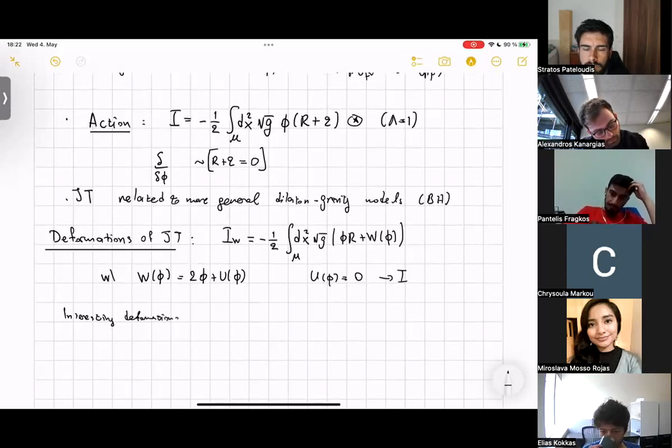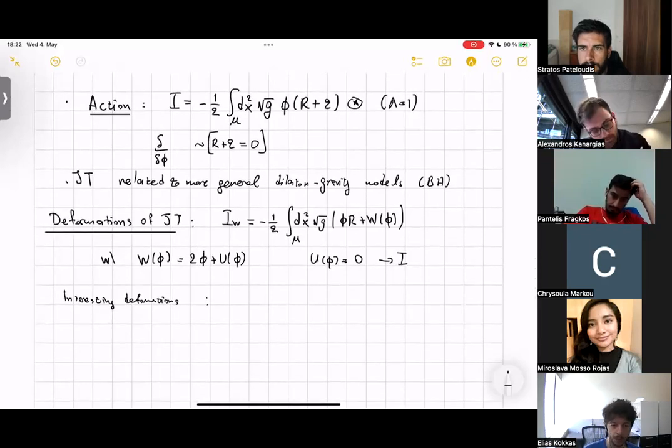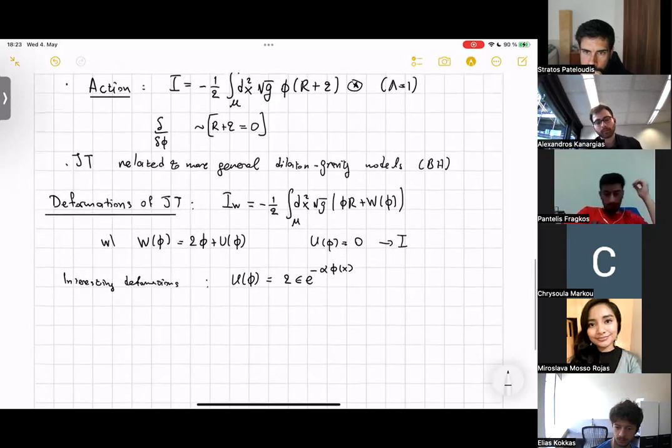Some interesting deformations, which we will say later why they're interesting, is if you put U equals 2 epsilon e to the minus alpha phi, and then alpha is in phi comma to phi.